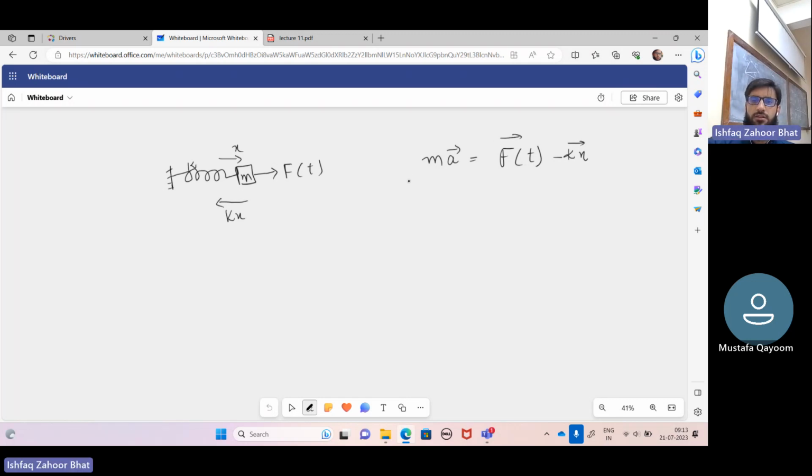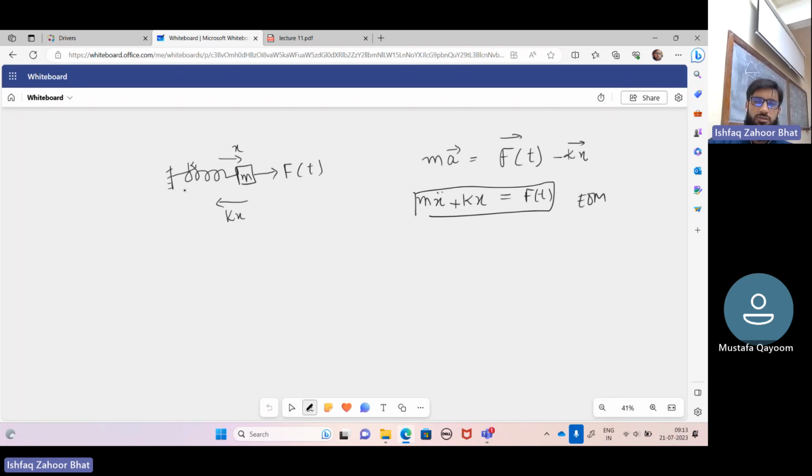This is Newton's law, which tells you how the motion is governed. Since this is a one-dimensional case, we can write it as mx double dot, and taking this to the left side it becomes plus kx, equal to f of t. So this is the equation of motion for this spring mass system.